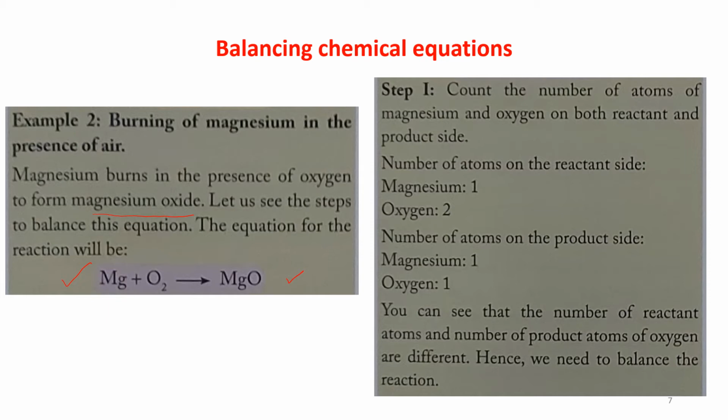In the reactant side, magnesium is 1 and oxygen is 2. In the product side, magnesium is 1 and oxygen is 1. So, this is not a balanced equation. Oxygen in the reactant side has 2 atoms and in the product side it has 1 atom. So, you have to balance this.